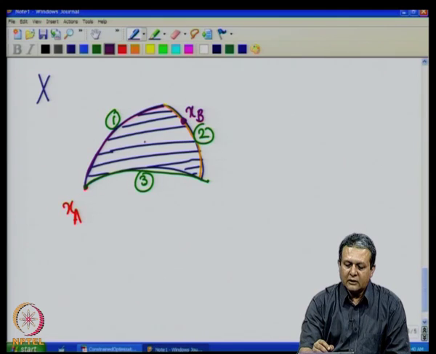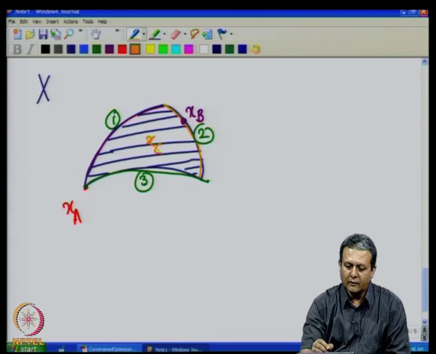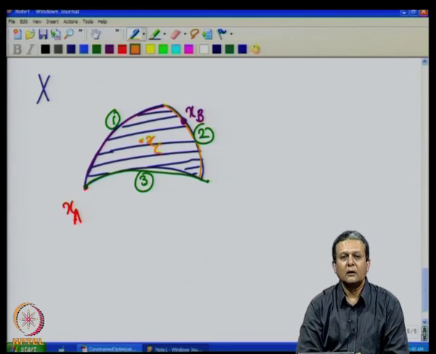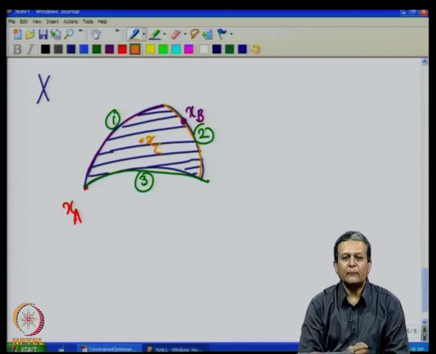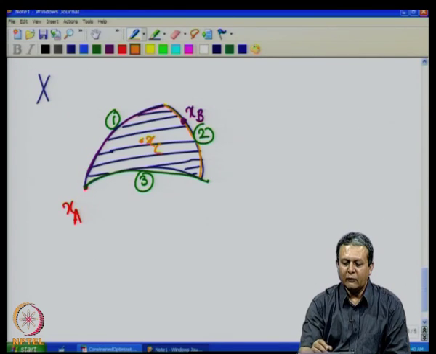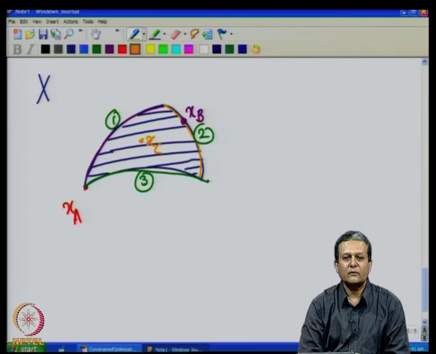And if we consider a point x c which is in the interior of the set, you will see that at this point x c no constraints are active. That means that even if we perturbed any of these constraints a little bit, the point x c still remains feasible and does not get affected.